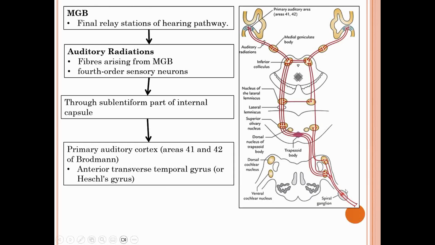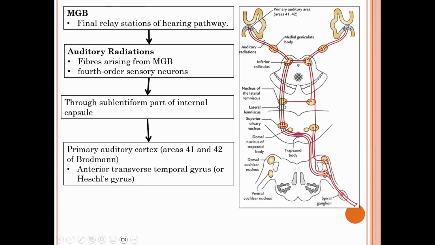So you can see the summary of the auditory pathway. First order neuron in the spiral ganglion of the cochlear nerve, second order neuron in the cochlear nuclei in the medulla, third order neuron in the trapezoid body and the superior olivary nucleus, which is present in the pons and continues as the lateral lemniscus.